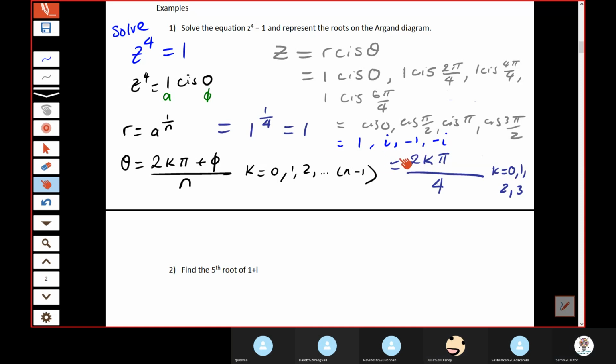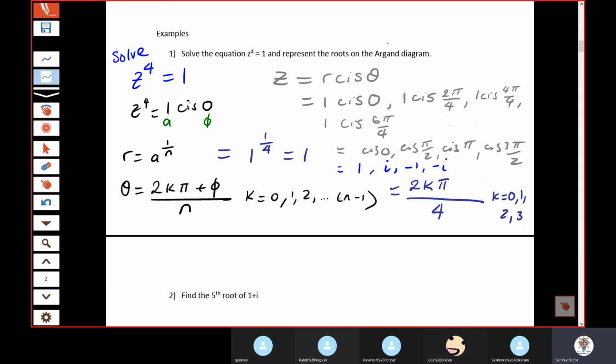Yes? Tell me. Does the cos act as a coefficient to the i? No, the cos acts as a coefficient of the real part. Isn't cis theta cos theta plus i sine theta? Yes. So the cos would just be the coefficient of your real, and the sine would be the coefficient of your imaginary.